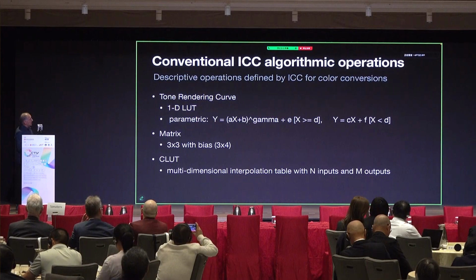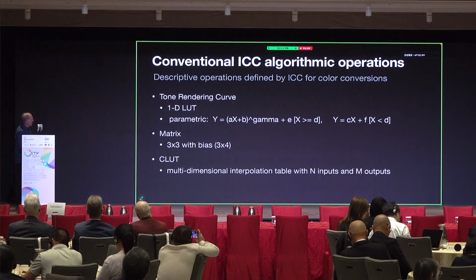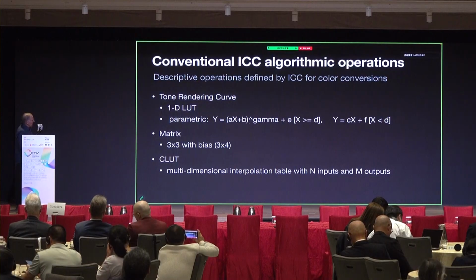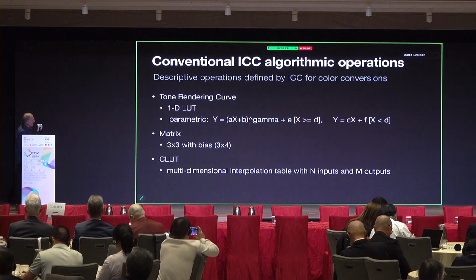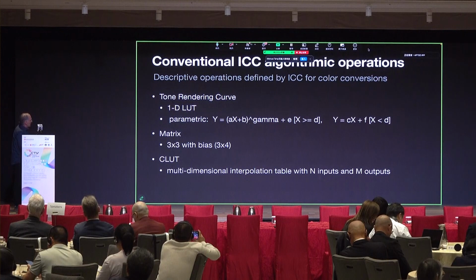ICC proposes to use specific algorithmic operations which allow us to create models for different color devices. There are three very simple components. One is the tone rendering curve, which can be represented as a one-dimensional LUT with interpolation, and can also be represented as a parametric function, but as you see, we were from the beginning restricted to what at the time was state of the art.